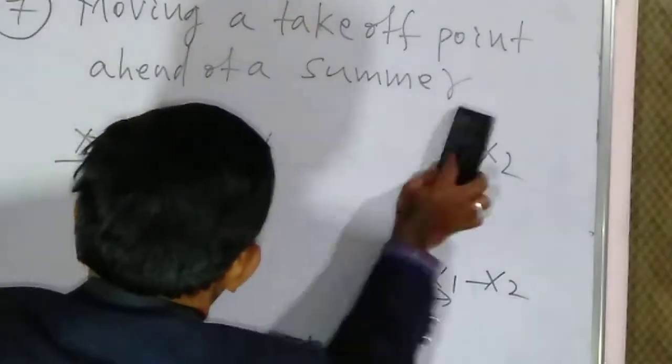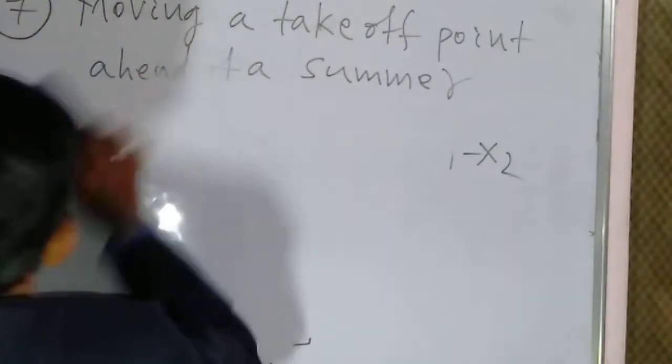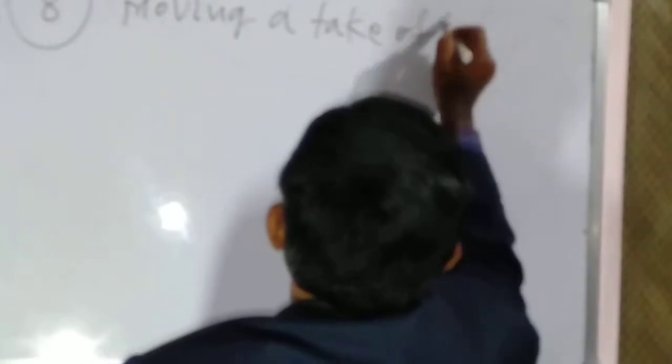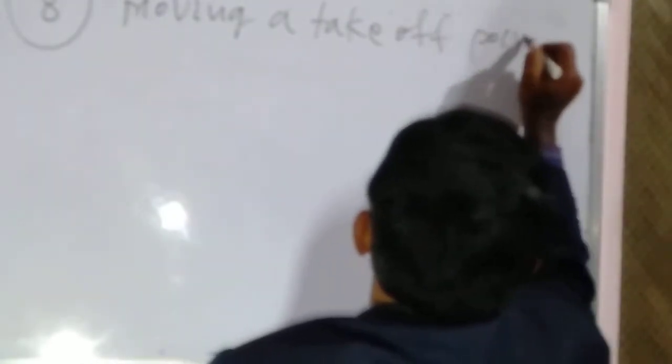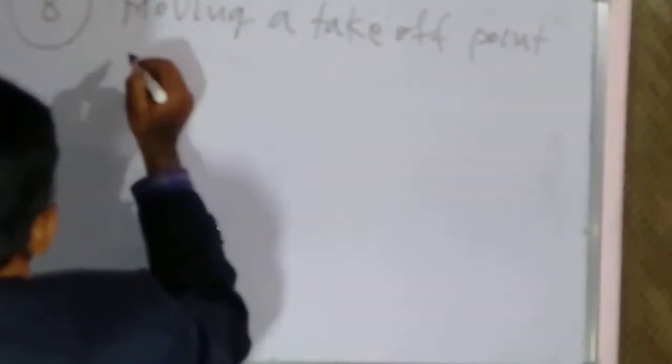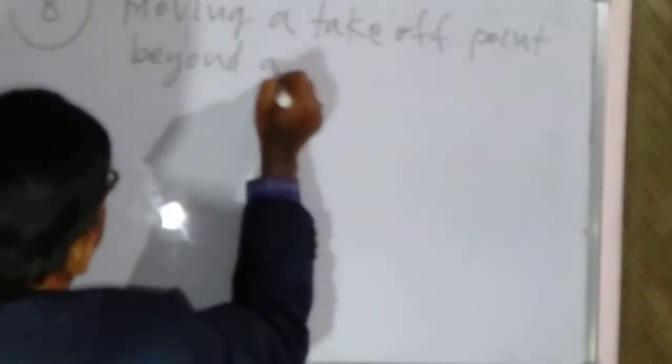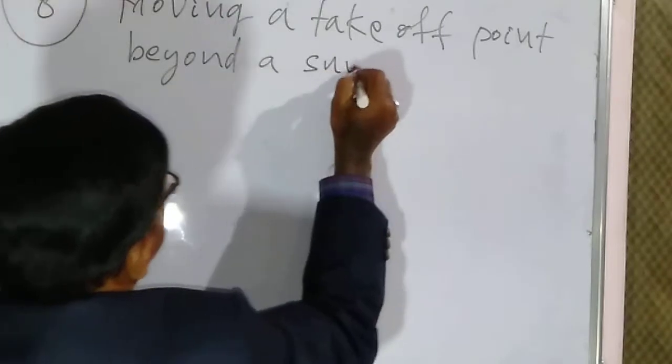So this y1 we are getting the same, that is x1 minus x2. Now let's discuss another rule. Rule number 8, moving a takeoff point beyond a summer.